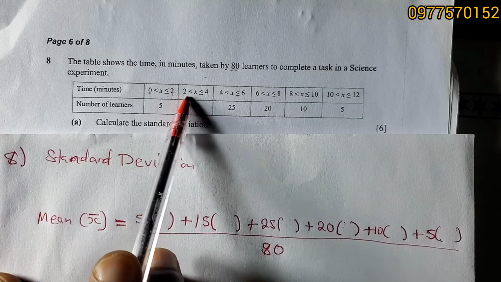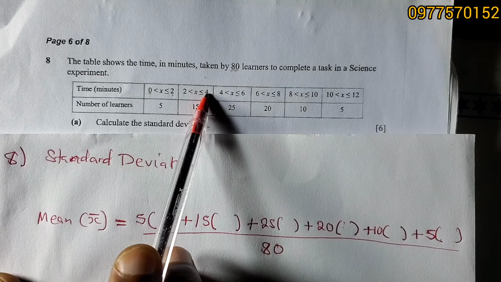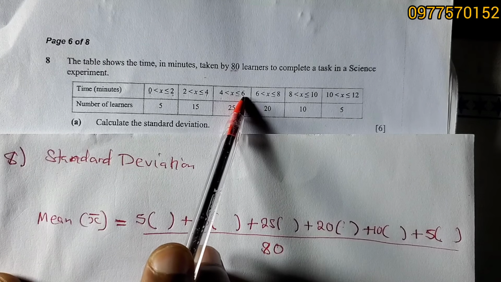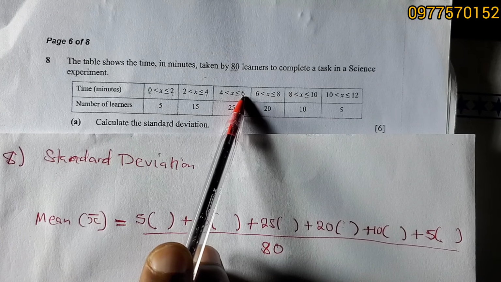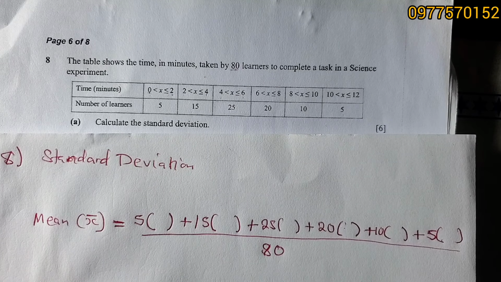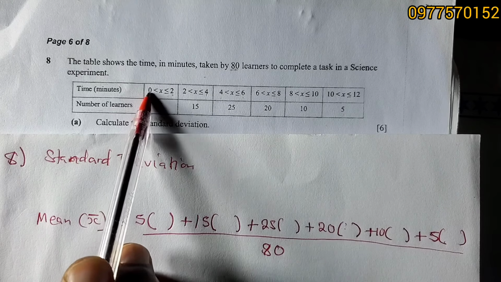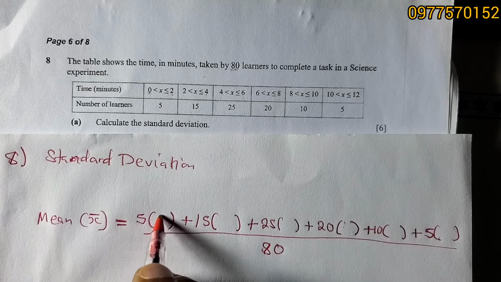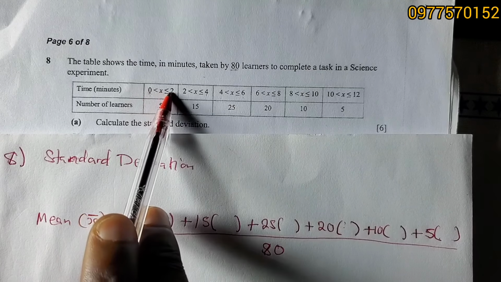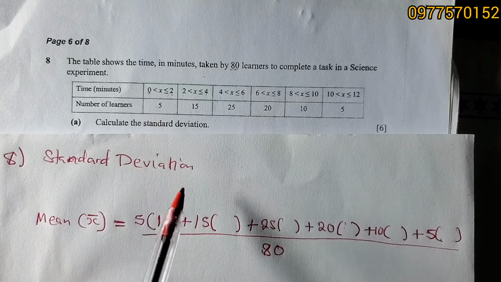Even here, 2 plus 4 divided by 2, 4 plus 6 divided by 2. But that is just wasting time in the final exam. Just get the number in between 0 and 2. What number is that? 1, because 0 plus 2 is 2, and 2 divided by 2 is 1.